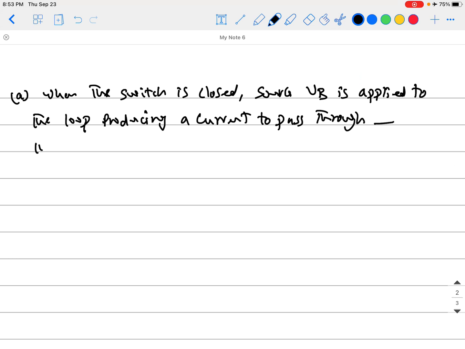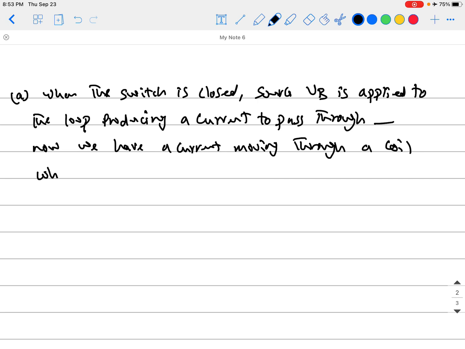So let me say it. Now we have a current moving through a coil or a loop while cutting an external magnetic field.